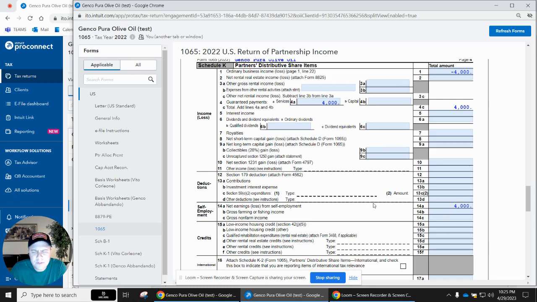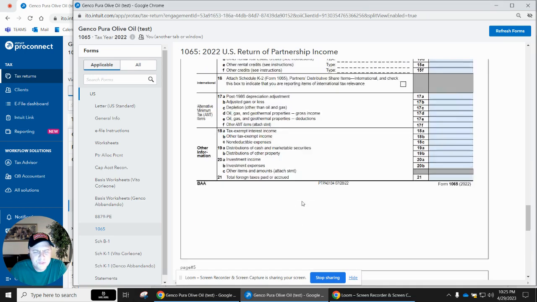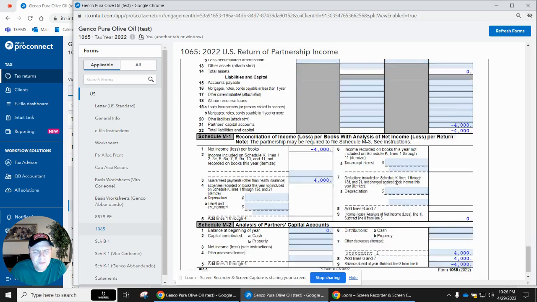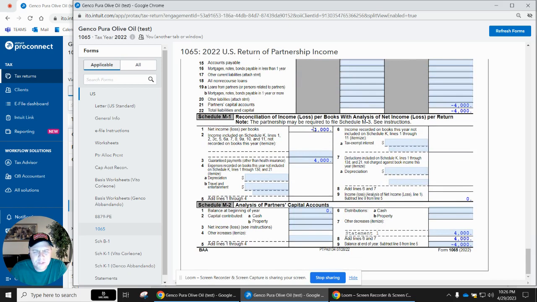Next, we're going to roll down to page 5. Here is the GAAP capital, and that's the $4,000 loss flowing through to the ending capital. Here's our $4,000 loss for book purposes. The guaranteed payment is also an M-1 adjustment. This is a permanent adjustment that adds back and effectively brings income back up to 0.